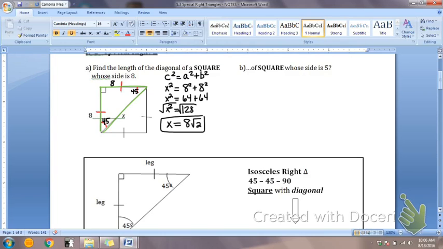All right, letter B. It says, find the length of the diagonal of a square whose side is 5. So the first thing we need to do is what? Draw a square. Good. And in this one, all my sides are 5. What is the length of the diagonal? Okay, so again, we can set up c squared equals a squared plus b squared.